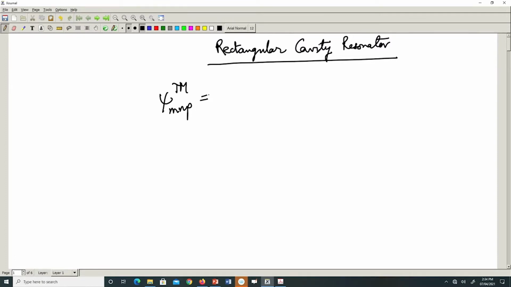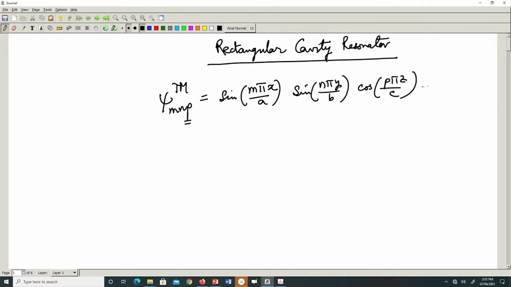The potential function psi mnp, where p stands for the eigenvalue along the z direction, psi mnp TM can be written as sin(m pi x by a) sin(n pi y by b) cos(p pi z by c). We call this equation 66. So, the question is why it is cos(p pi z by c)?